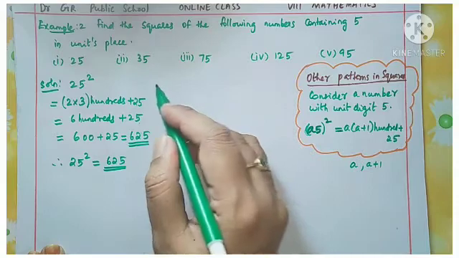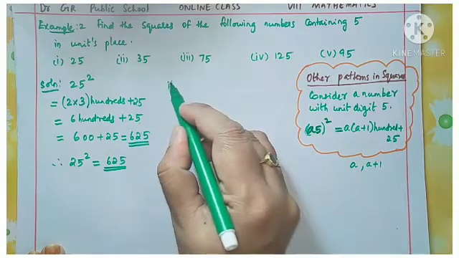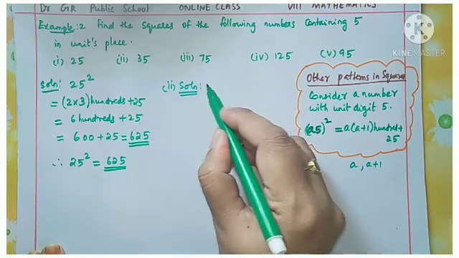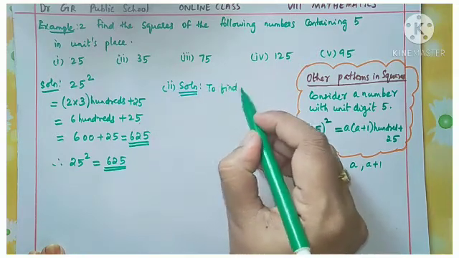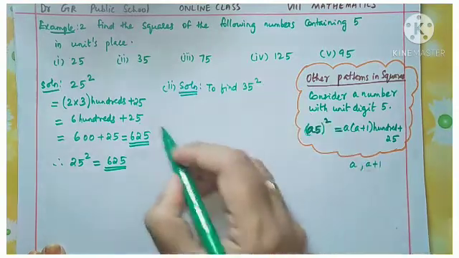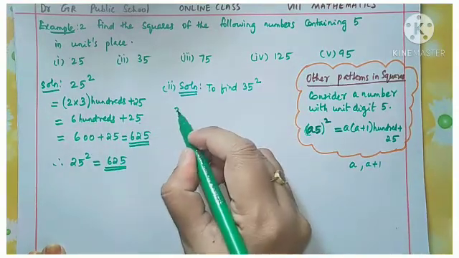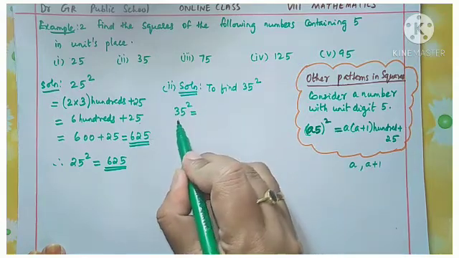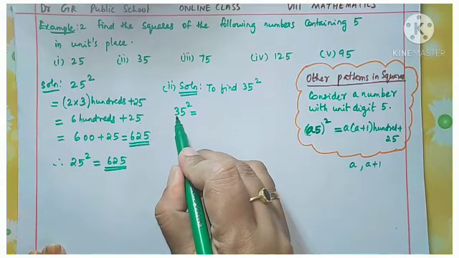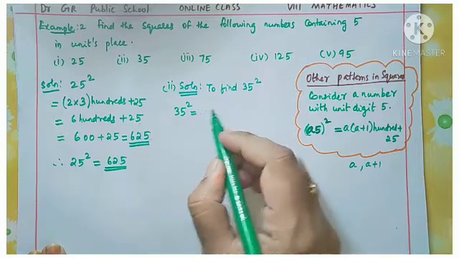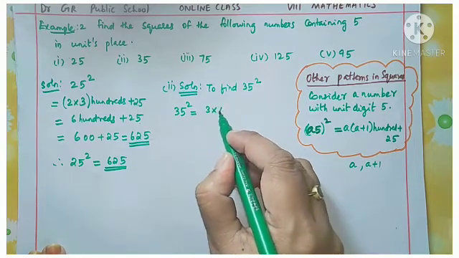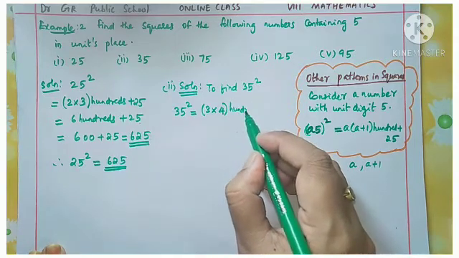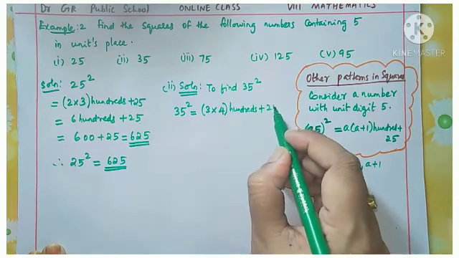Now you can see the second question solution. What is given? 35. So we want to find the square of 35. In a similar way we write 35 square is equal to, first number you see, it is 3. So 3 we want to multiply by the next number of 3, that is 3 into 4. Close the bracket, write hundreds, then add 25.